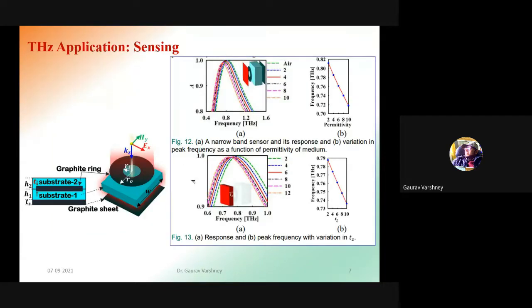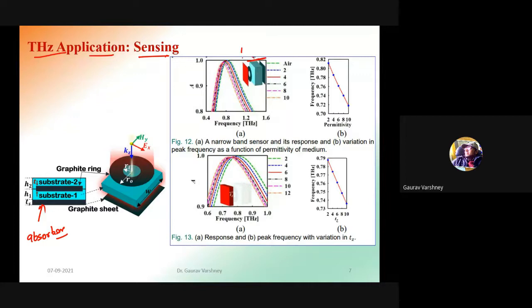Next is the sensing terahertz application. If we talk about terahertz applications, sensing is the most prominent application in which absorbers are currently being utilized. Suppose this is a simple absorber.